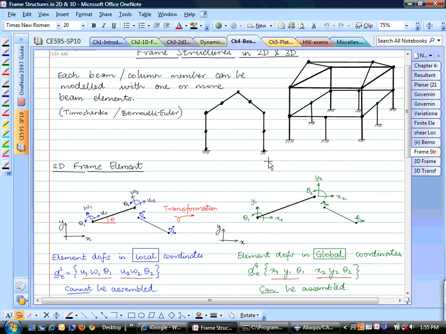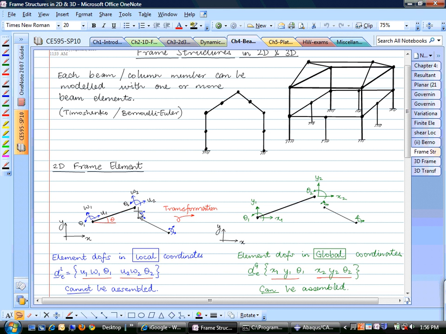So in order to solve these types of problems, you would have to assemble these equations, and what we have right now is an element stiffness matrix in the local coordinates. This is similar to our truss problem. We constructed our 1D truss element that was just EA by L times [1 -1; -1 1].